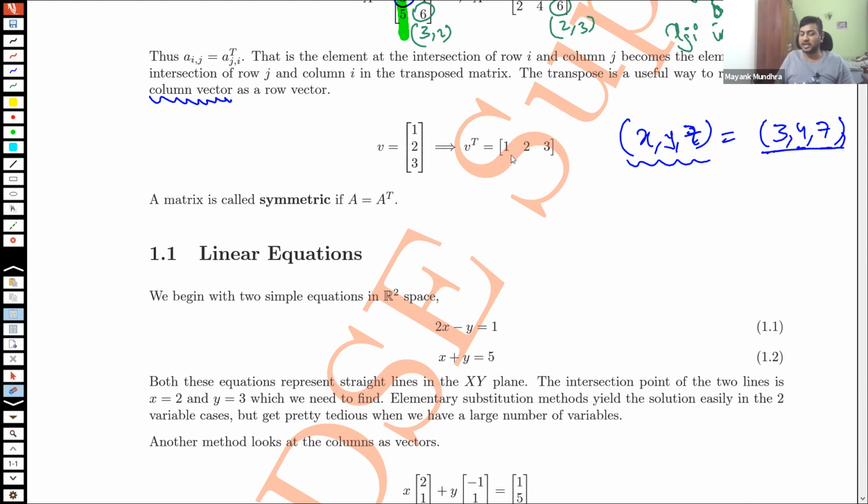So just to save space, a lot of times vectors are represented as V transpose. Okay. So when you read some textbook in which you see vectors being represented as A transpose or X transpose, it's just to save some space. That's all they are doing. So V transpose equals 1, 2, 3 implies that V equals the column 1, 2, 3.